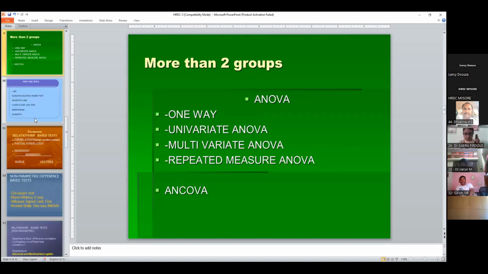Suppose you have got more than two groups. So what are you going to do? If you have got more than two groups, automatically you can use ANOVA. ANOVA is basically analysis of variance, and we refer to it as the F-test.